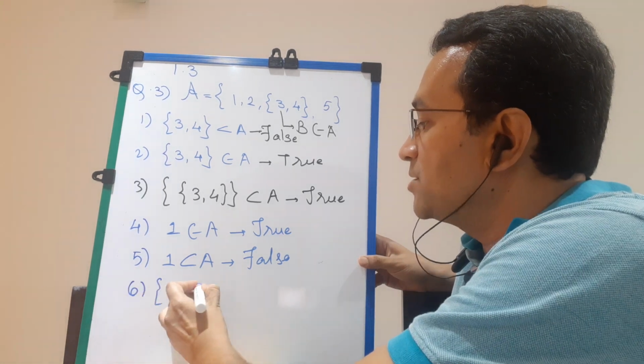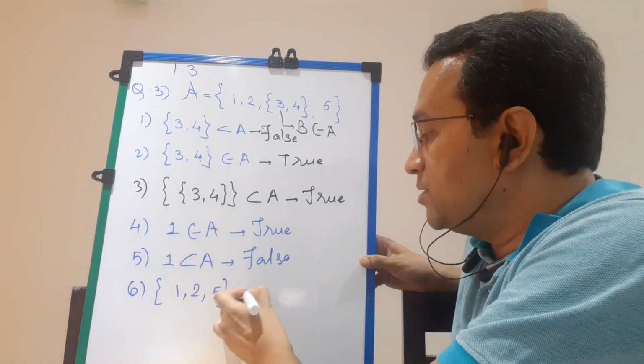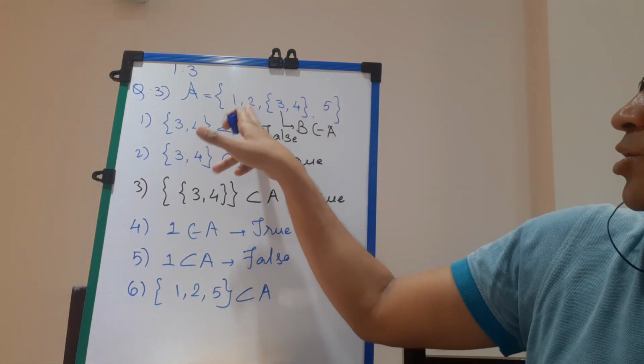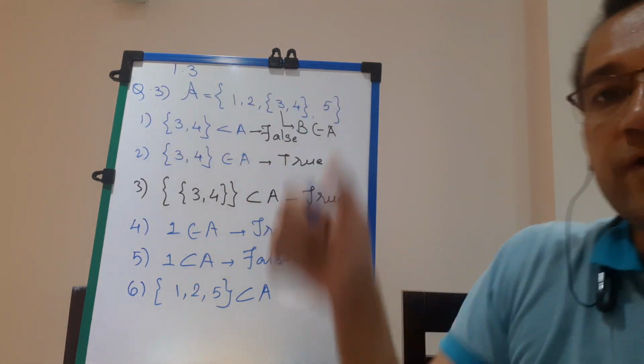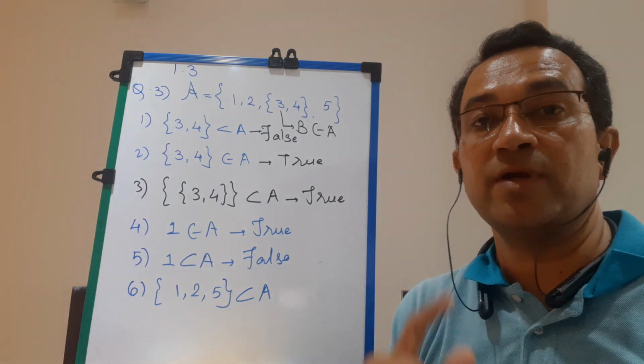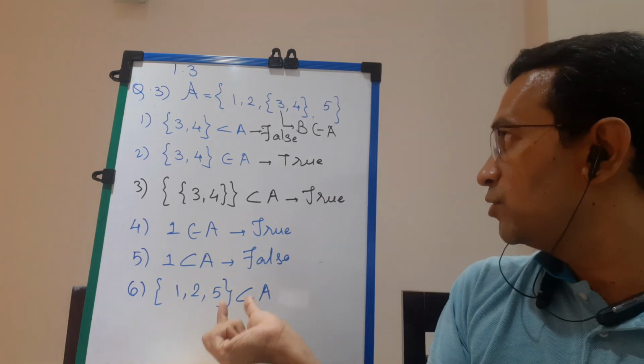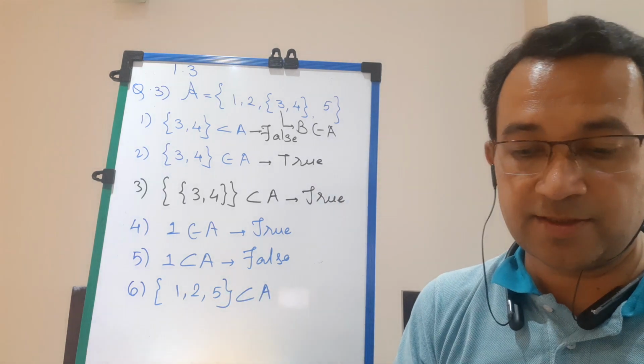Set of elements 1 to 5 is subset of A. Correct. There are 4 elements, 1, 2, 3 and 4 elements of A. So number of subsets of A will be 2 to the power 4. How many? 16. And 1 to 5 is one of the subsets.